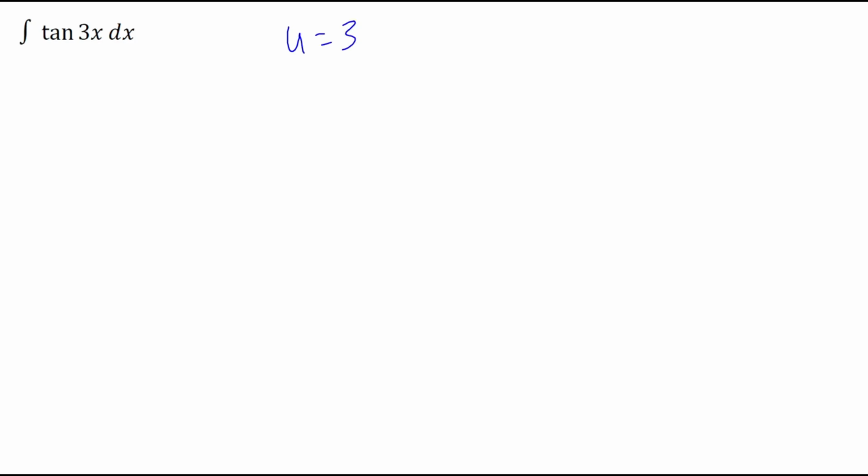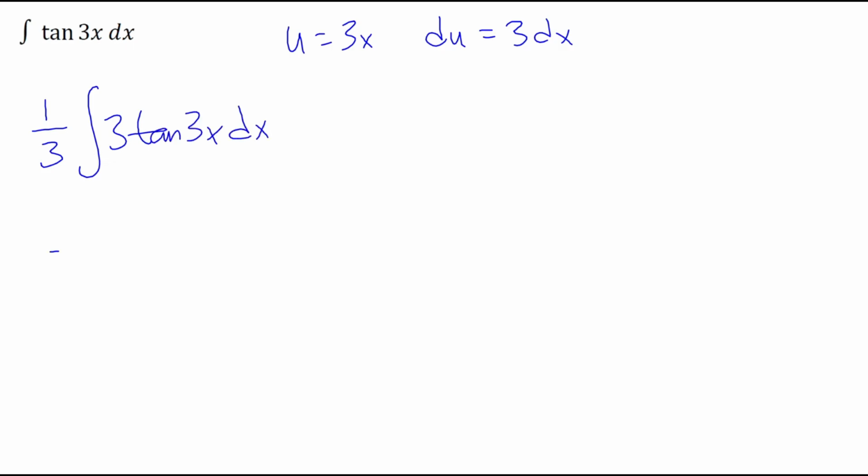So we'll just do the u sub on the 3x. So if u is 3x, then du is just 3 dx, meaning I can throw a 1/3 outside and a 3 on the inside here, and turn this into 1/3 of the integral of tangent of u du, right? The 3 dx becomes the du, just like we have here, and tangent 3x becomes tangent u.